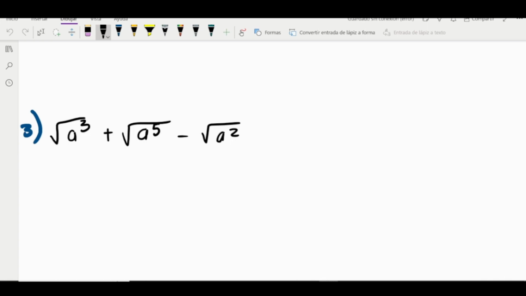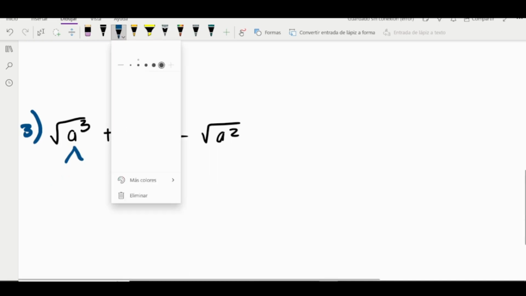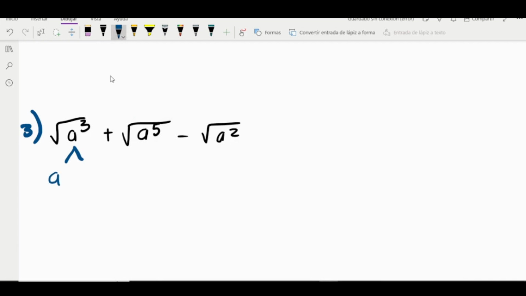And for this, we need to apply also something related to simplification. Imagine this: let's split this a to the cube into factors. We change this, for example, to a squared times a.